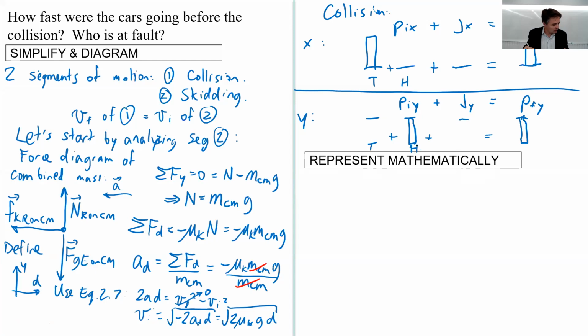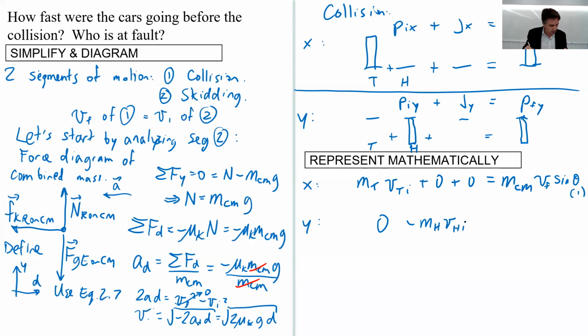Okay, anyway, what you want to do is represent this mathematically. So you've got the mass of the Toyota times v Toyota initial plus 0 plus 0. You're trying to find the initial speed of the Toyota, which equals the combined mass times v final, which we had from before, times sine theta. That's equation 1. And then the y equation is 0 minus the mass of the Hummer times its initial velocity, which you'd also like to know, plus 0, equals negative combined mass times v final times cos theta. That's equation 2.